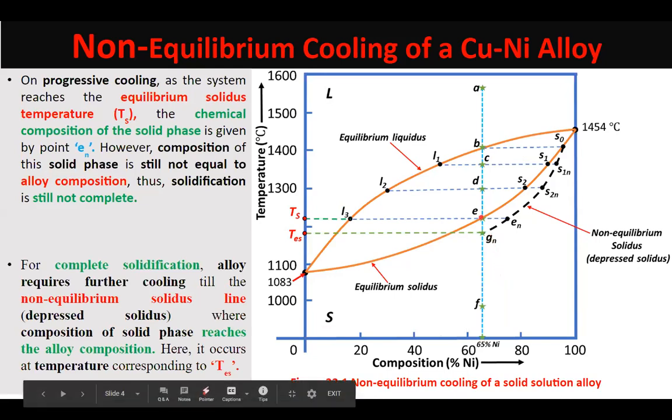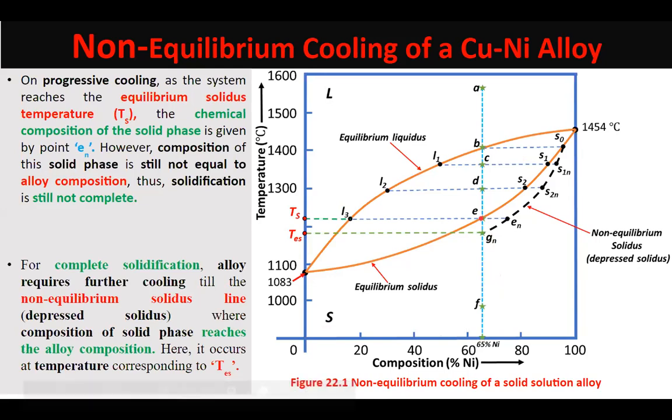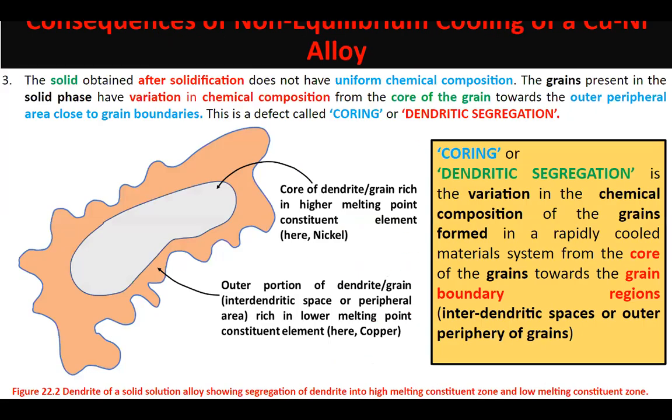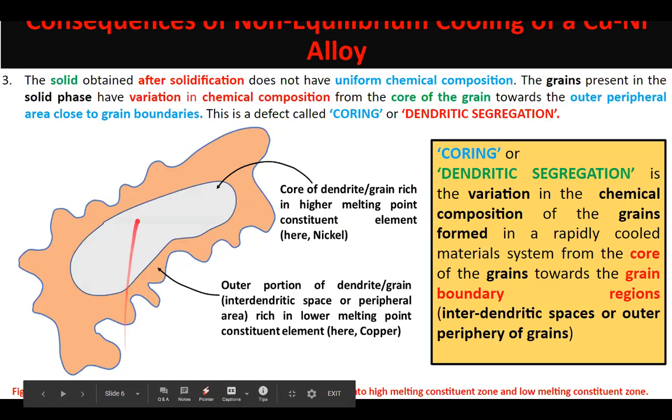Now, during equilibrium cooling, because diffusion is getting all the time which it needs to get completed, in the end you get a uniform solid. Initially this is the critical nuclei, then it grew into a dendrite, then with further cooling into a bigger dendrite, and it keeps on growing.